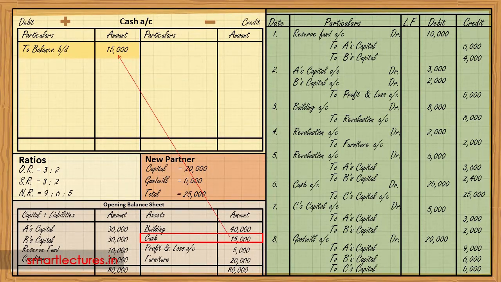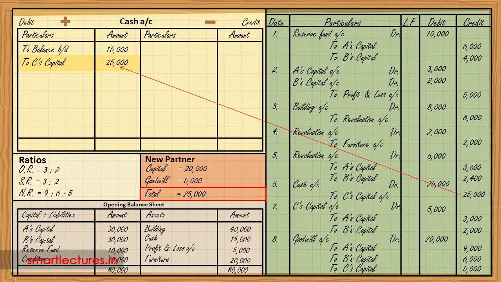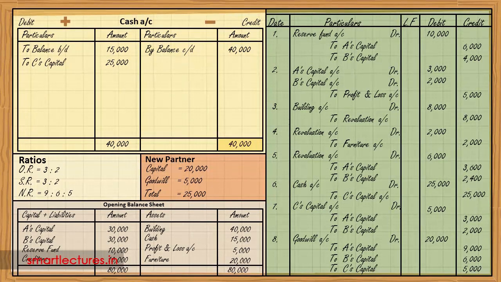This is our opening balance. Then to C's capital 25,000 because this is the receipt for the firm. So total 40,000. Now come on the credit side. By balance CD 40,000 rupees. So this is the closing balance. It will be taken to the balance sheet now.